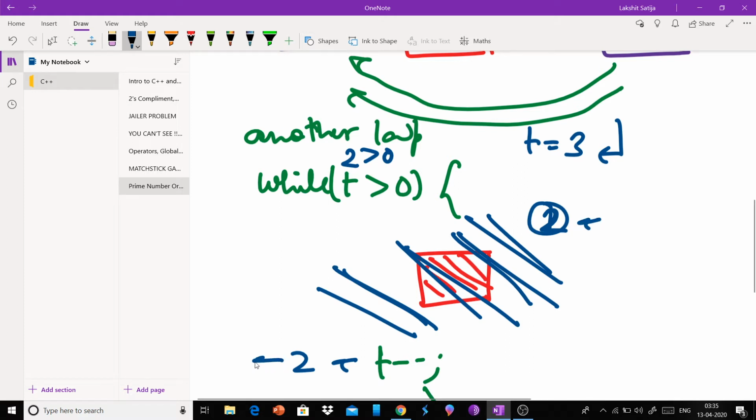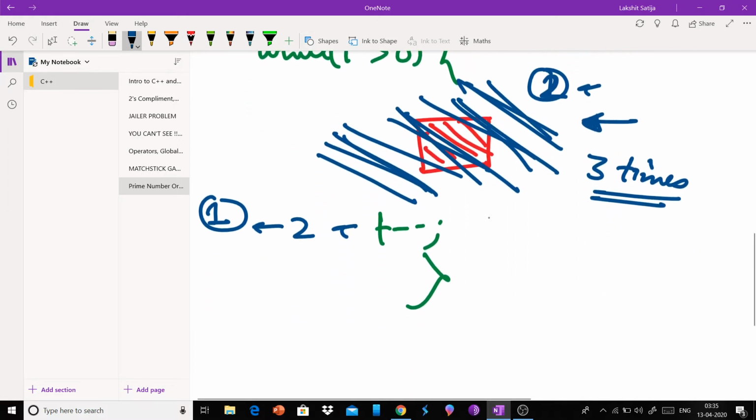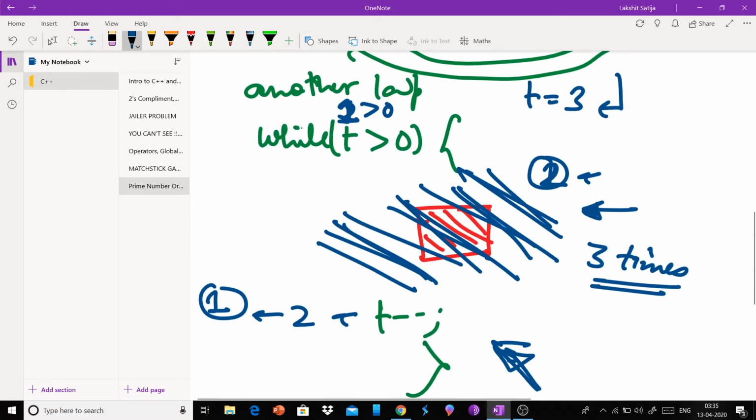Now the value will decrease to 1. Now 1 is greater than 0. This program will again run, and the total number of times the program will run is 3 times, right? So this is what we will do to include the concept of test cases.